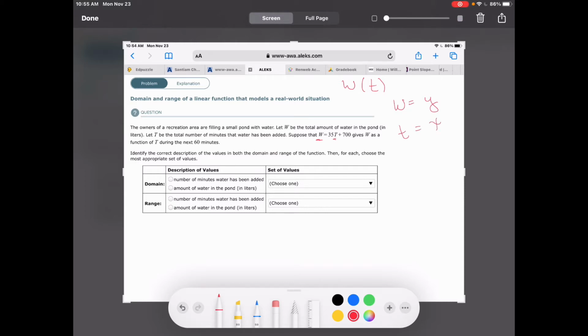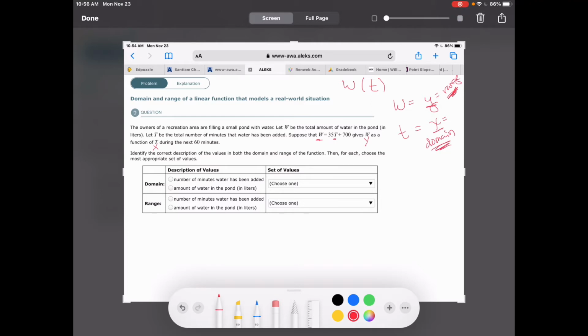And the reason I tell you this is because Y is always called range when we talk about the possibilities that it can be, and X is always called the domain. So you might want to write that down in your notes. Whenever it says W as a function of T, they always give you the Y as a function of X. And you need to know that information because you need to know Y is range and X is domain.